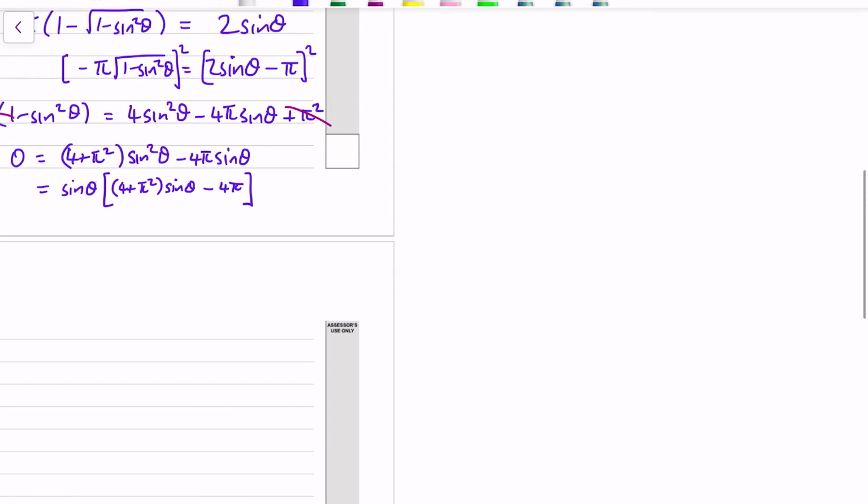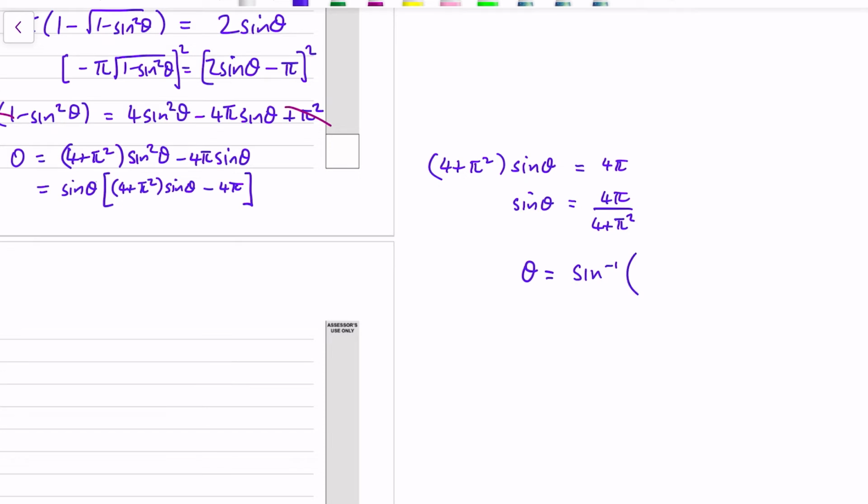Sine theta is not 0 as I was saying, so that means 4 plus pi squared times sine theta must equal 4 pi. Sine theta must equal 4 pi over 4 plus pi squared. And theta we can assume is an acute angle. Theta is the sine inverse of 4 pi over 4 plus pi squared.